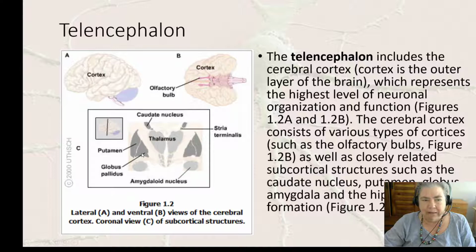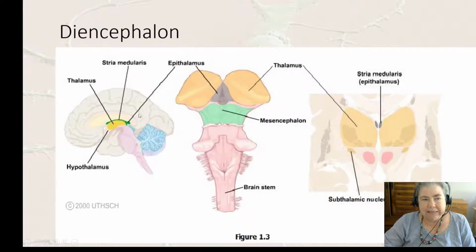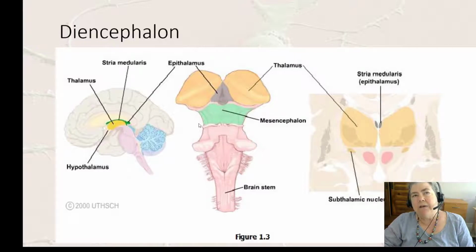The diencephalon differentiates into the structures we call the thalamus, which is extremely important in sensory processing, the epithalamus, and the hypothalamus. And the hypothalamus is a part of the brain that functions in both the central nervous system and in the endocrinological system, makes hormones.